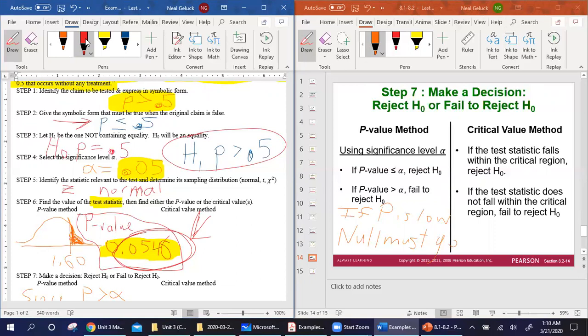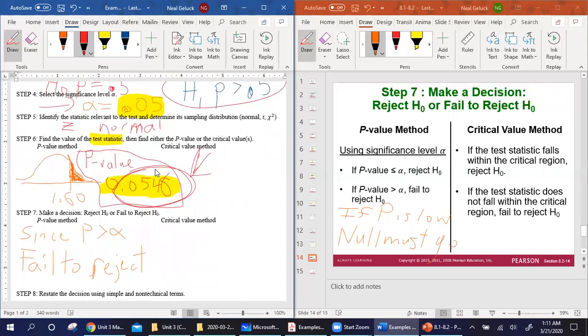Now, while that's pretty low, I set my benchmark where things are weird only if they happen less than 5% of the time. This goes back to some stuff we've said since the beginning of the semester. So my cutoff for weird stuff was 5%. This was something that could happen a little more than 5%, so it's not enough to say it's weird, which means I cannot reject. So I fail to reject. That's using the p-value method.